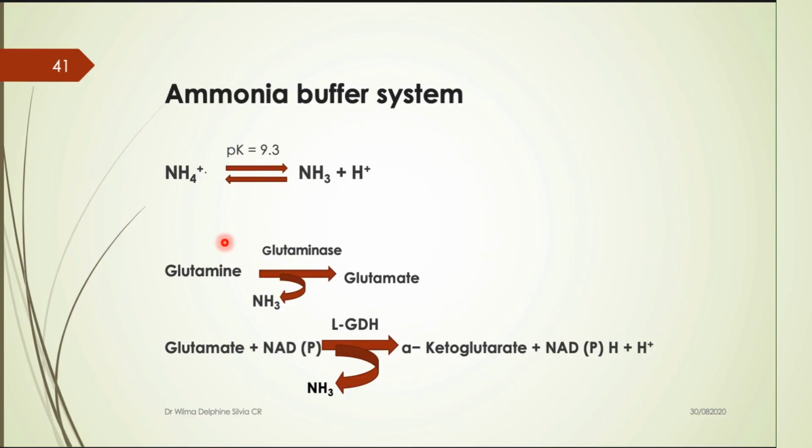So 60% of ammonia is obtained from glutamine and 40% is obtained from the other amino acids like glycine and alanine. And also, ammonia is lipid soluble and can passively diffuse across the cell membrane, but ammonium ion is highly polar and crosses the membrane poorly.